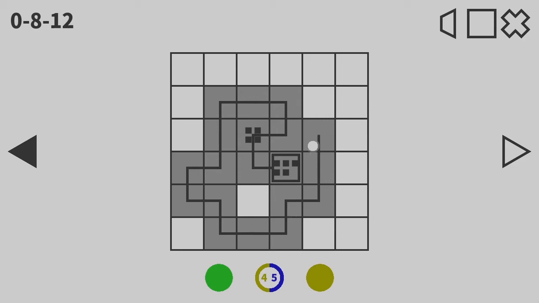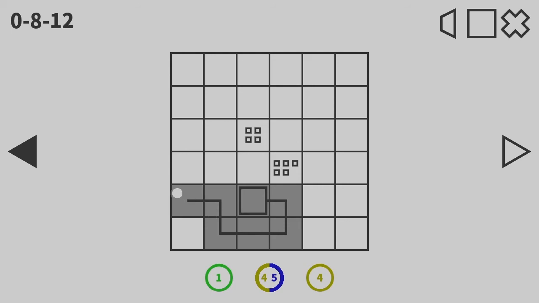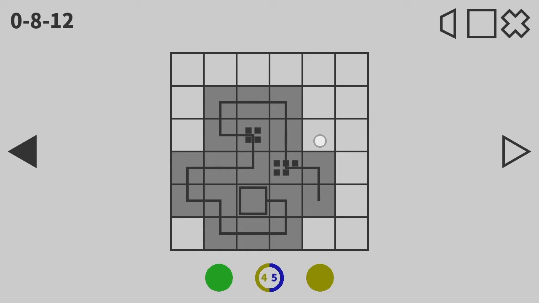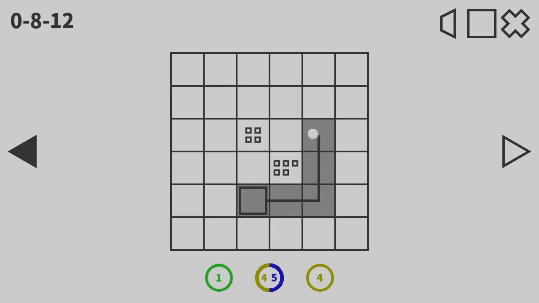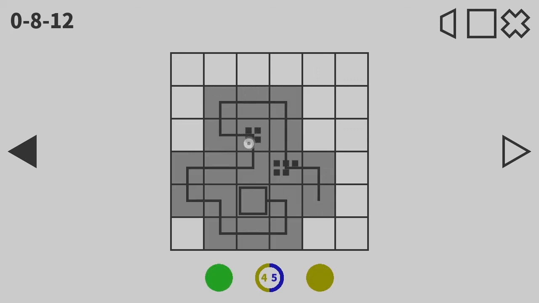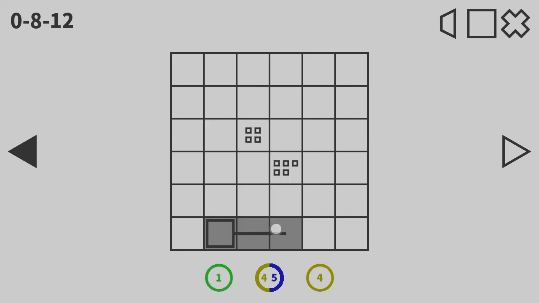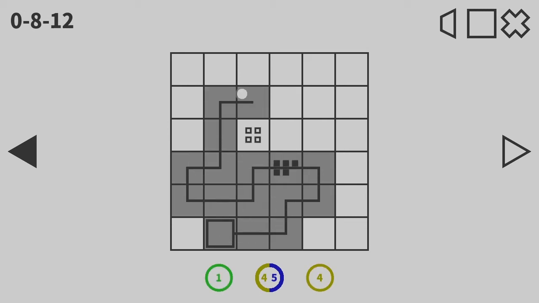Can I? Is that even doable? What if I start there and then I have to end there? I need that to be filled in. I think what I'm trying to draw is not possible. Possibly by starting in a certain place it is. No, that needs to be filled in. Yep.